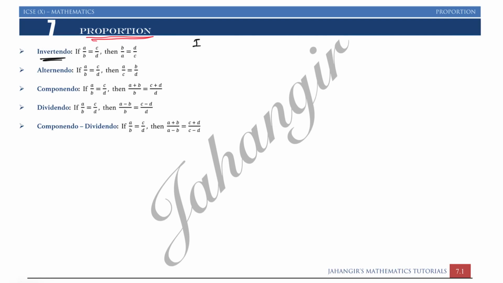In invertendo, what we did, in invertendo if we have A upon B is equal to C upon D, so then we can write B by A is equal to D by C.